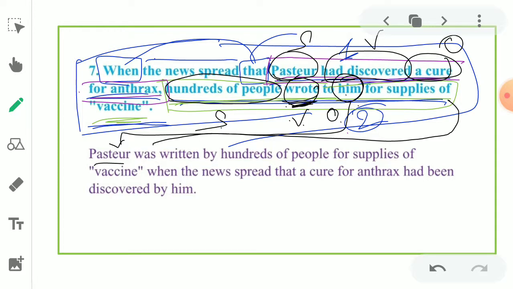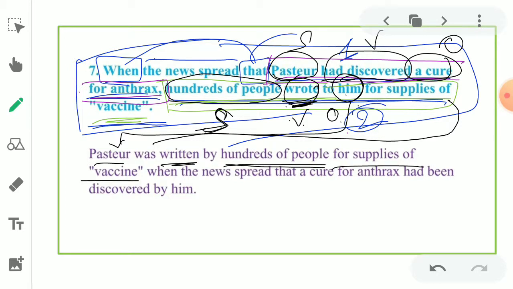It is given in simple past, so with a singular subject, it becomes was written. V3 form of wrote is written, by hundreds of people. So I am taking hundreds of people as the agent, for supplies of vaccine.